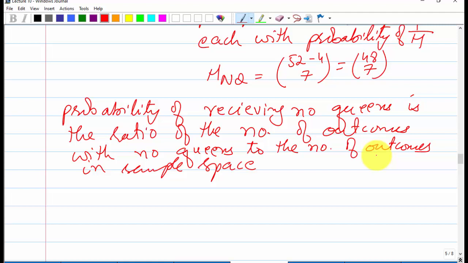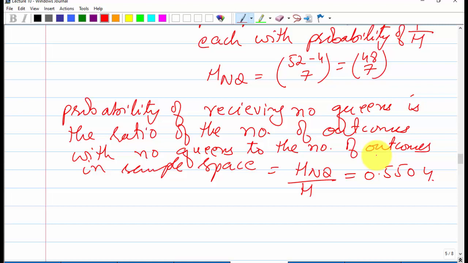It means that it would be H no queens divided by H. So this probability will be approximately 0.5504.